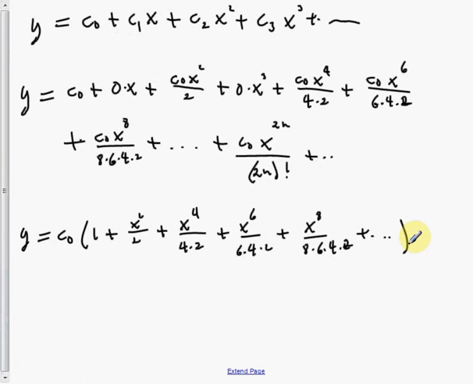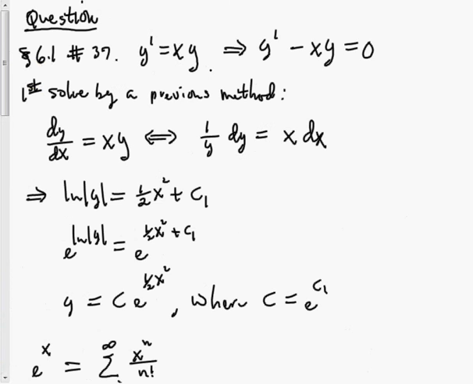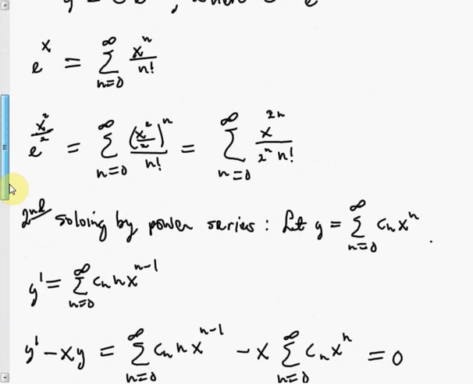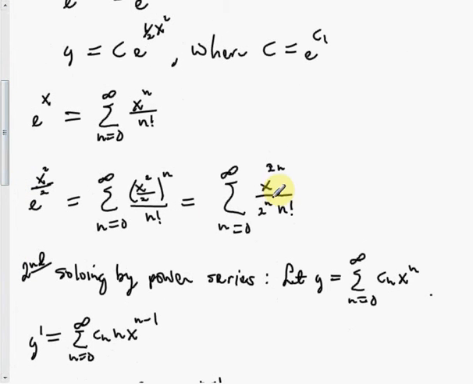And that's it. You can look at that and compare that with the form for the previous method solution. And this guy here would be identical to what we have over there. So that 2 to the n times the n factorial, you can do some manipulation and show that this guy should look like the 2 times n factorial.